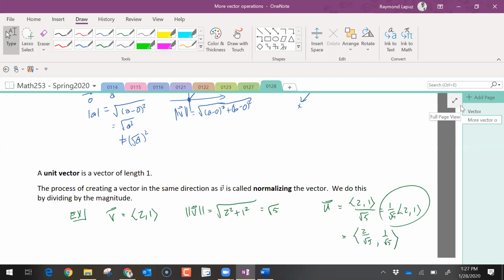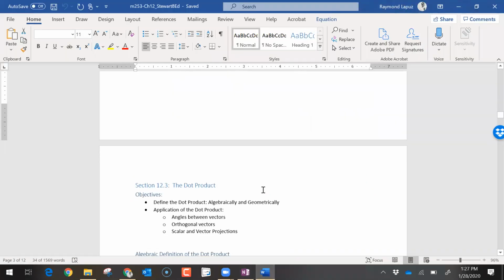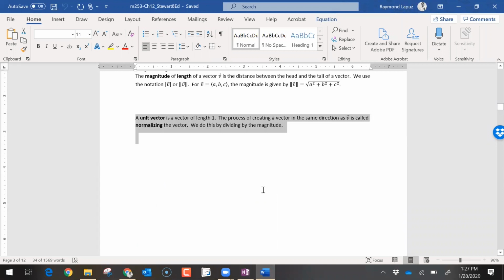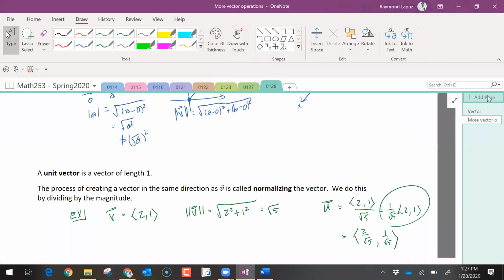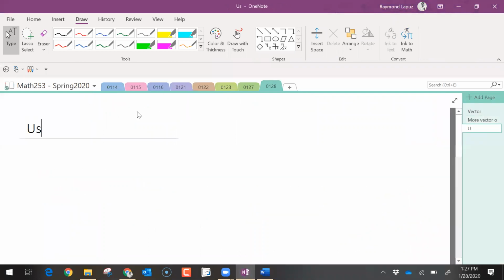Okay, we have a unit vector. We know what the unit vector is. Well, there's all kinds of other stuff, but let's talk more about the idea of a unit vector. Now, let's say we have a vector.